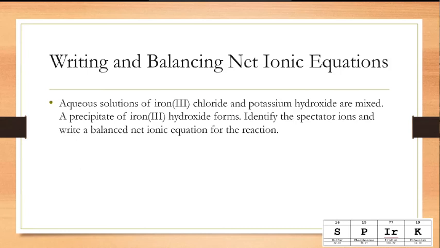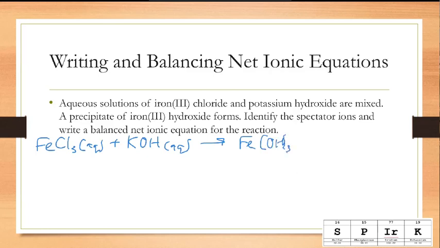So we have aqueous iron 3 chloride plus potassium hydroxide, and that is going to give us iron 3 hydroxide, which we know is our precipitate, so that's our solid, plus KCl.